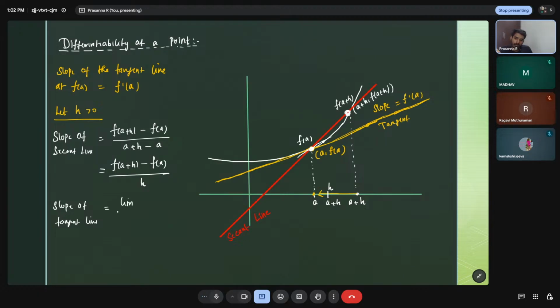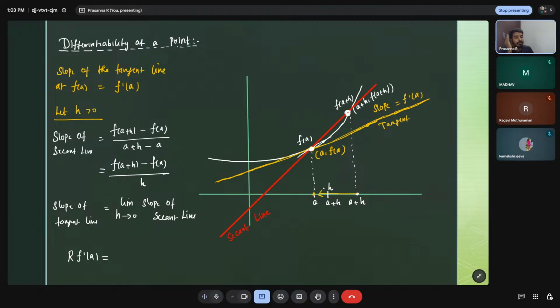can be found if you take the limiting value, as h goes very, very close to 0, of the slope of the secant line. So in the slope of the secant line, you make h very, very small, then the red line will move to the yellow line. So I'm going to call this R of f dash of a. Why R?